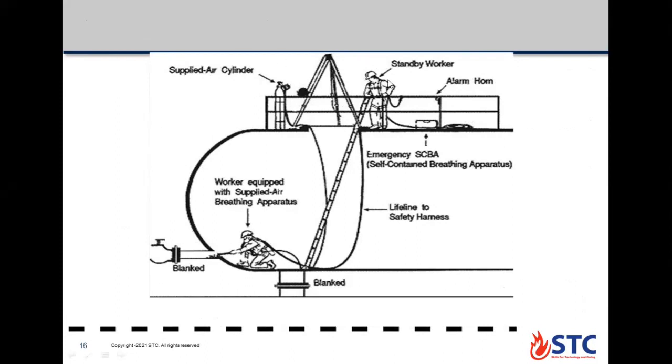This worker stands by to watch, and connection between the person inside the confined space and work equipment, supplied air breathing apparatus, and supplied air cylinder outside the confined space, and emergency breathing apparatus, and lifeline to safety harness.